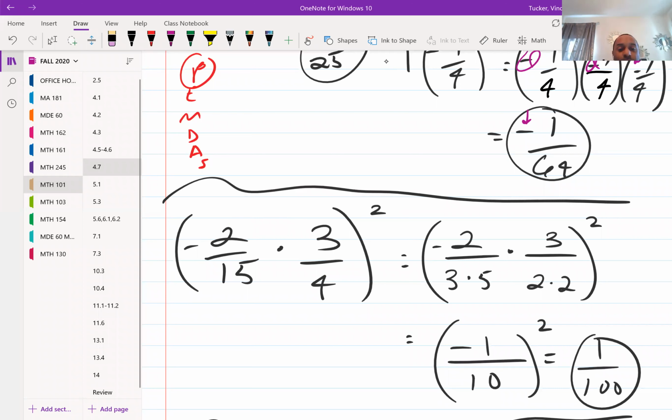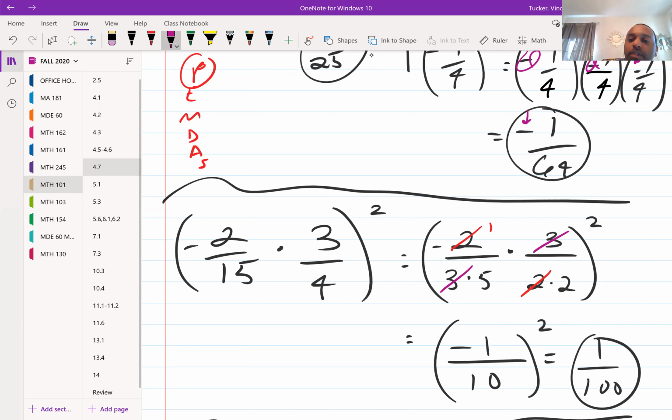So we have negative 2/15 times 3/4. So instead of just multiplying straight across, 2 times 3, 15 times 4, what I did was I broke down the 15 into 3 times 5 and the 4 into 2 times 2, so that I can cancel first. So I can cancel out these 2's, which will leave me a 1 here.